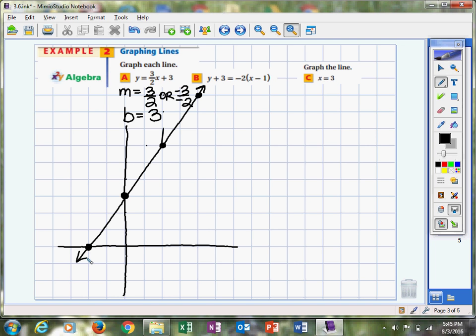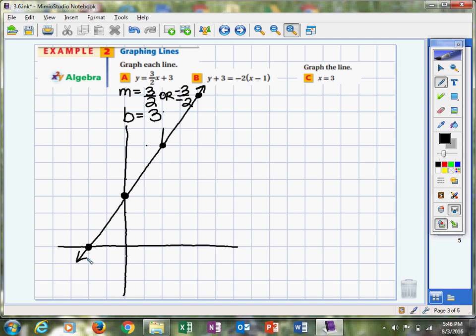Okay? And you can verify this in your calculator. Press y equals, punch in 1.5x plus 3 or 3 divided by 2 times x plus 3 and hit graph, and it'll graph it for you. You may have to adjust your window if you're not seeing it right. So I'm just trying to bring some of these things back to you again.